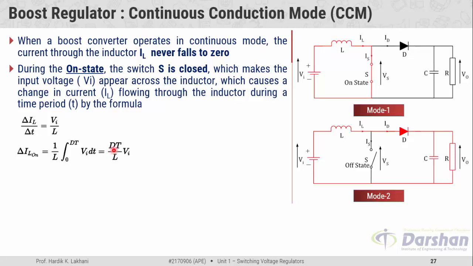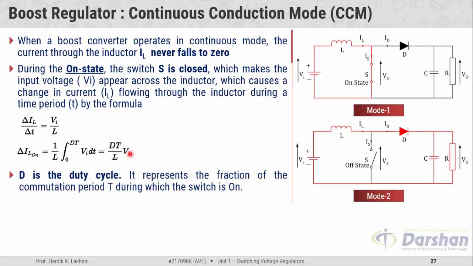So during the first interval, voltage across the inductor is equal to Vi. So when we substitute VL is equal to Vi and the integration is done, we get delta IL on as D into T divided by L into V input.